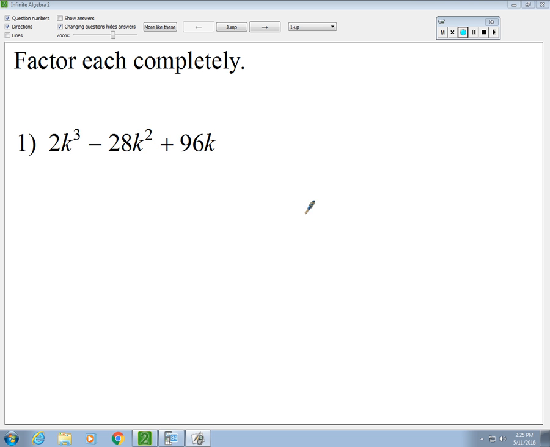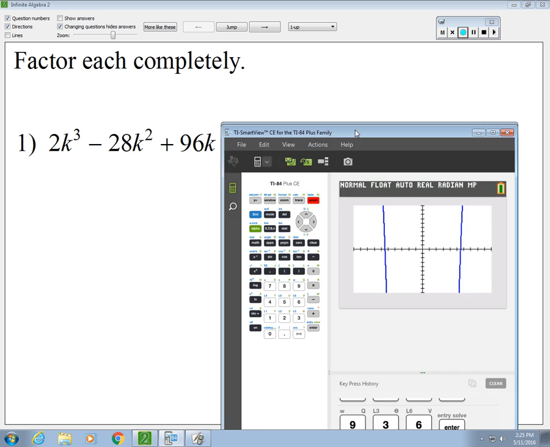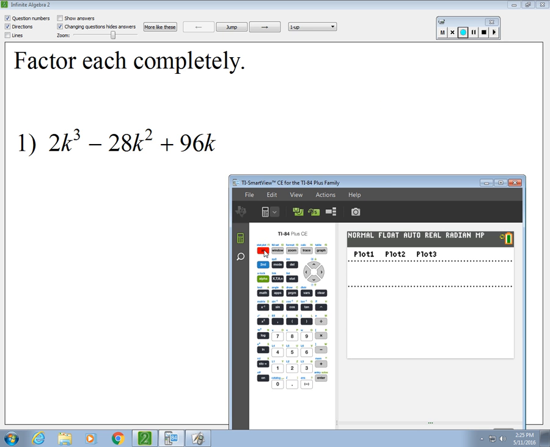Okay, let me show you how the calculator can become your best friend on this test. If you graph that original trinomial that they gave you, but instead of k, I'm just going to type in x's. 2x cubed minus 28x squared plus 96x.